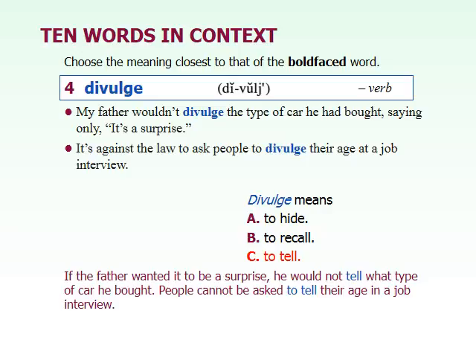This information is private, and it shouldn't be asked about in a job interview, because you're not allowed to base hiring decisions on that. So divulge means that you're sharing a secret, or you're sharing something that maybe you wouldn't want to tell everyone.